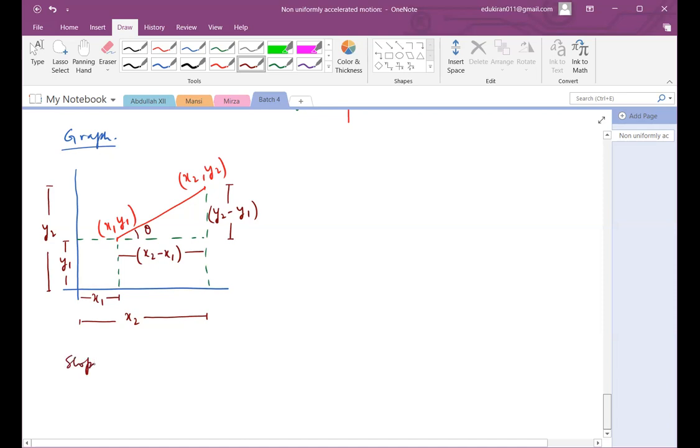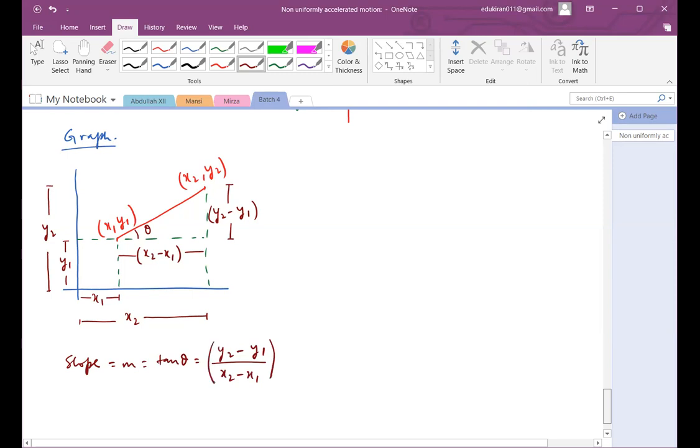So slope is nothing but tan theta, represented by m, which is equal to the ratio of perpendicular and base. In this particular triangle, perpendicular is y2 minus y1 and base is x2 minus x1.